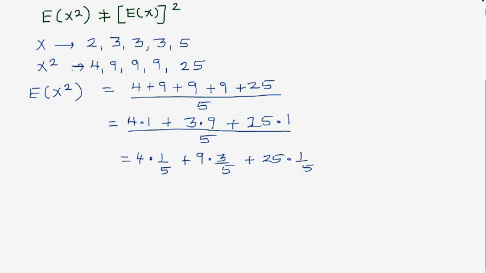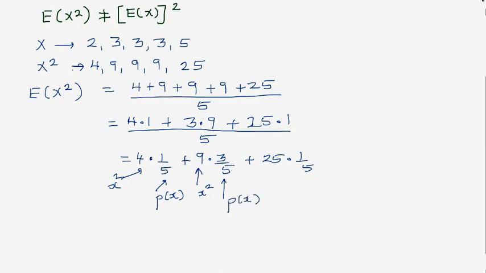So again, the same approach. This is your x squared, and this is the probability of x. The same way, this is x squared times the probability of x, and so on.